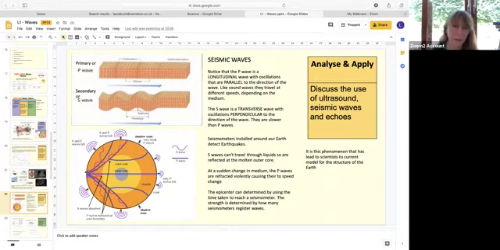They do that by working out the time it takes to receive something, and they know the speed of the wave through the rock, through the crust. So if they know the time that it takes to travel, then they can work out the distances and pinpoint the epicenter. So that's the understanding of seismic waves.